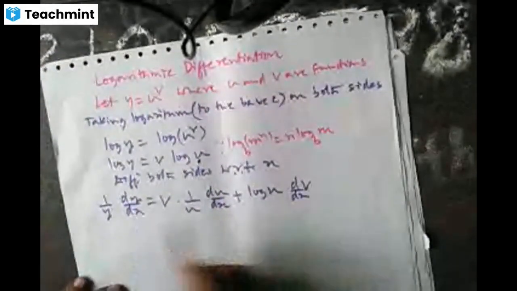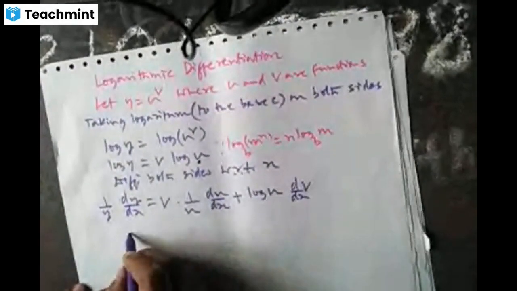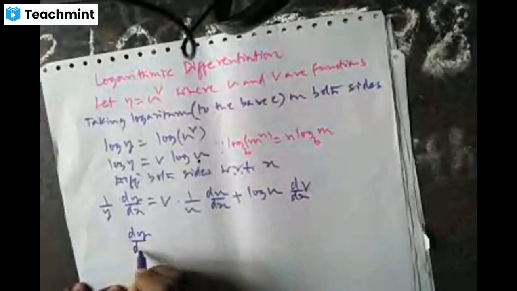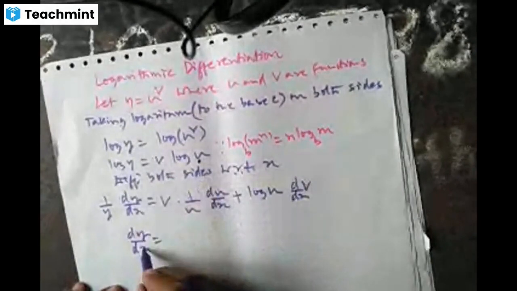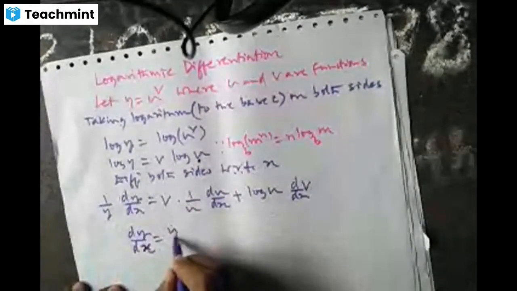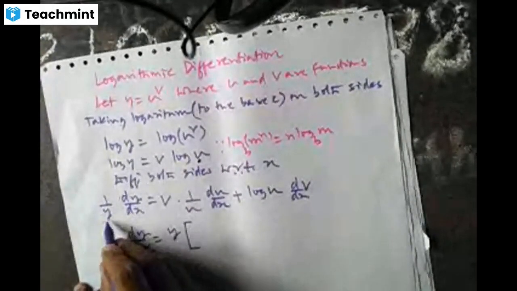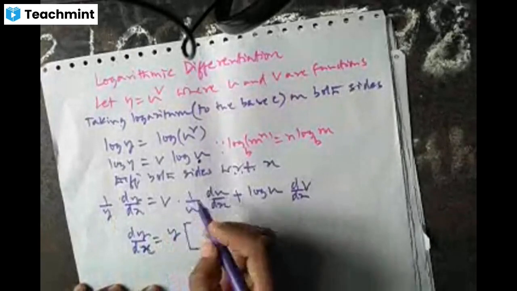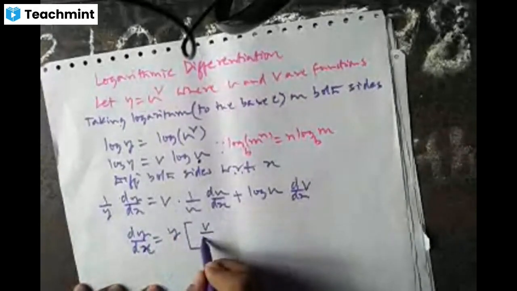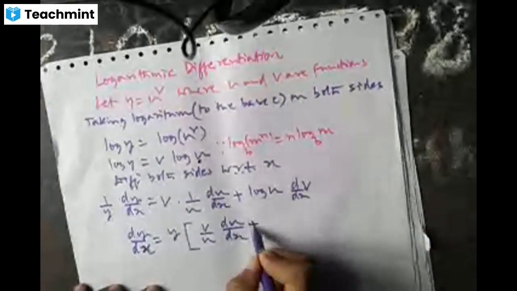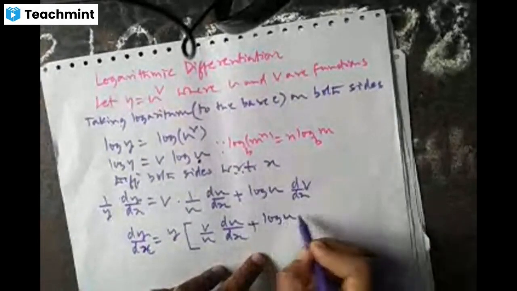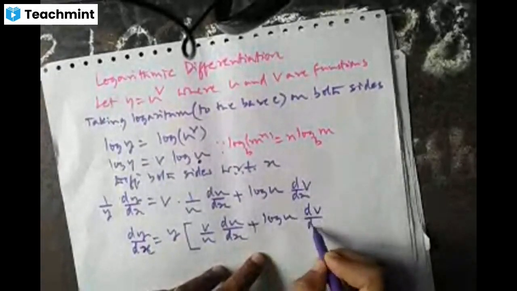I am interested in dy by dx, so I will shift this y to the numerator of RHS. dy by dx is equal to y into v by u into du by dx plus log u into dv by dx.